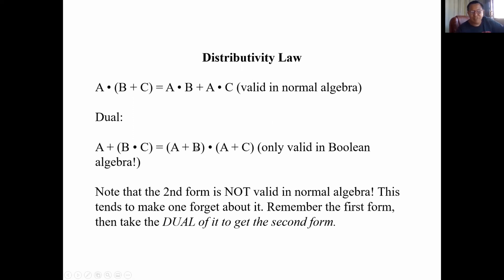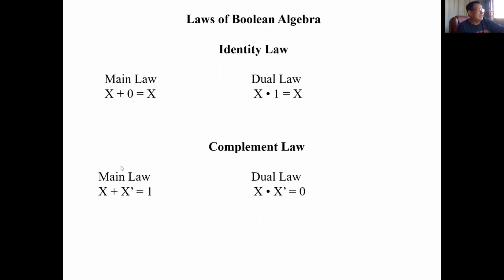This is only valid in Boolean algebra, not in normal algebra. Do you follow? In simple algebra, you can distribute multiplication but not addition. But in Boolean algebra, you can also distribute addition. Any questions? No? That's only in Boolean algebra.